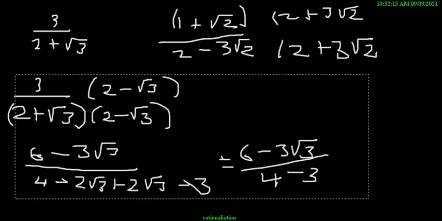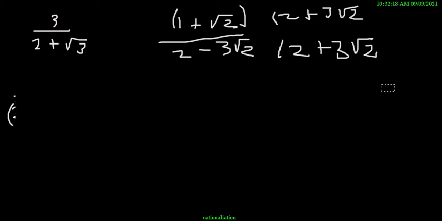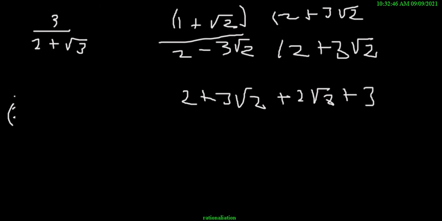That's going to be 2 plus 3 roots, because we multiply 1 times this, okay, and 2 root of 2 times 2 is going to be 2 root of 2, root of 2 times 3 root of 2, of course that's going to be 3 root of 2 squared.